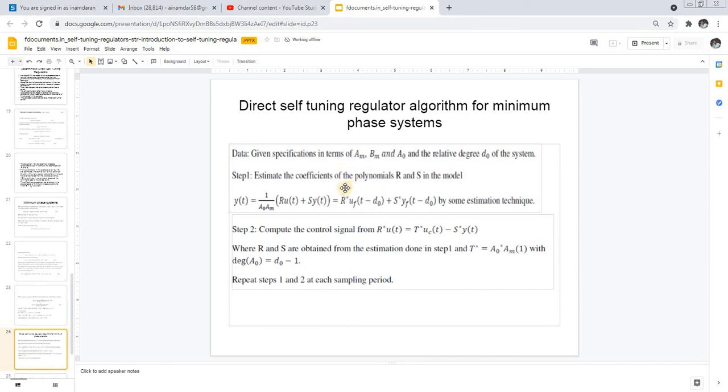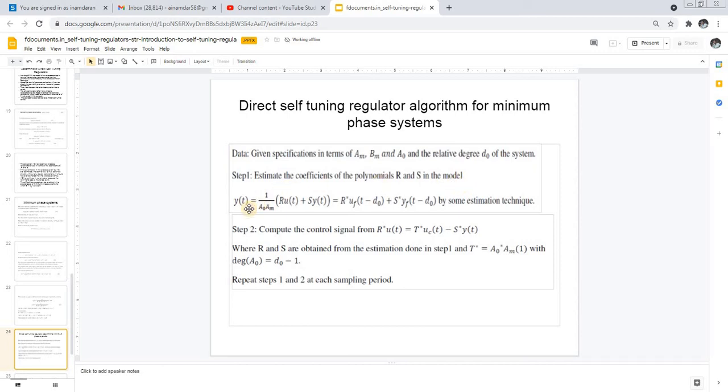So now we have to look at the algorithm of the direct STR for minimum phase systems. The data is, as always, given as a specification in terms of Am, Bm and A naught, and the relative degree d naught of the system. So the first step is to estimate the coefficients of the polynomials R and S in the model.